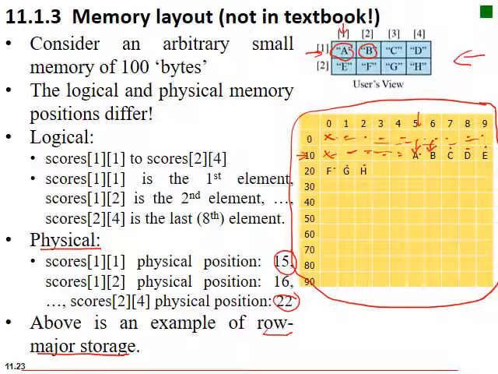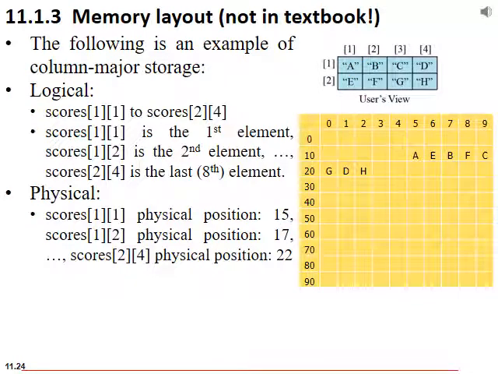Just to show you the same example, column major storage is basically similar to this. Don't think that necessarily it's going to store everything now in a column fashion. It's still just going to store things physically in memory. It just means that the user view here, instead of first storing in rows first, then columns, is now going to use column first and then rows.